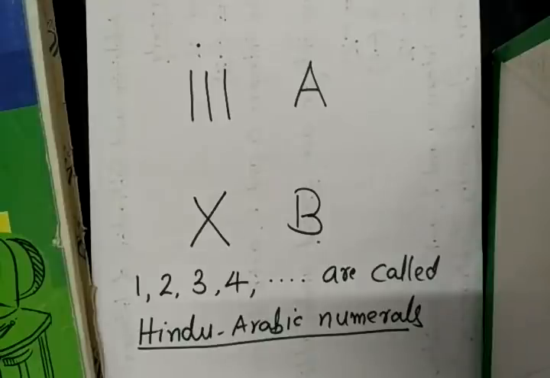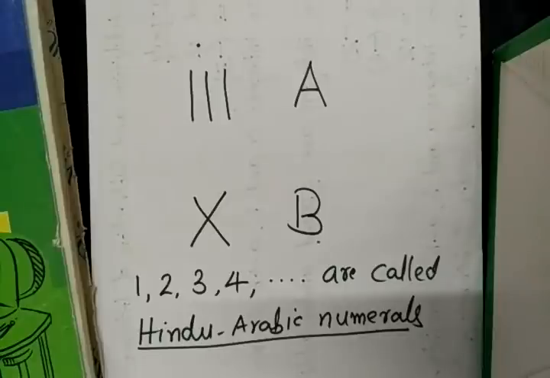So now we are going to study the Roman numerals. Roman numerals came from the Romans in ancient times, and they were very widely used at that time. Now they are not that widely used, but we still use them. Just see how we are using it.